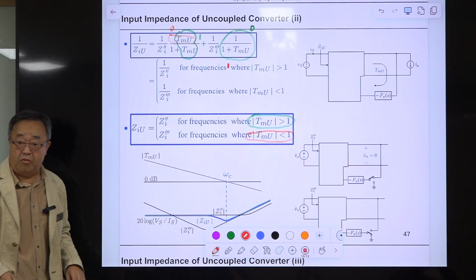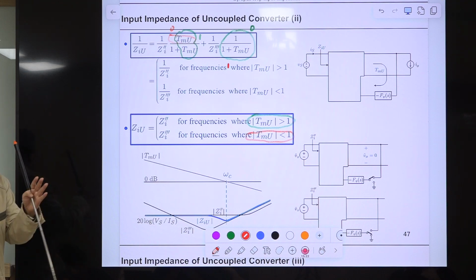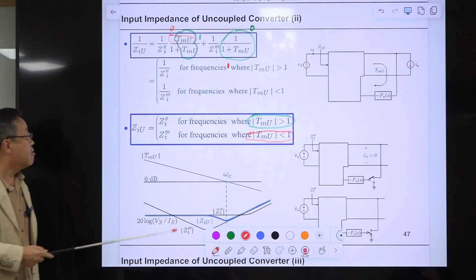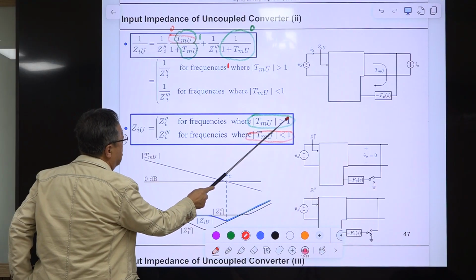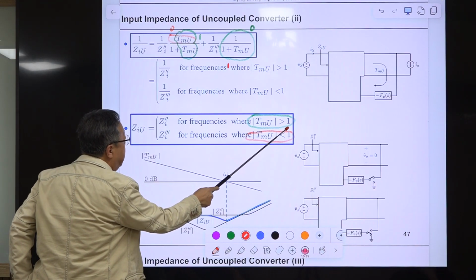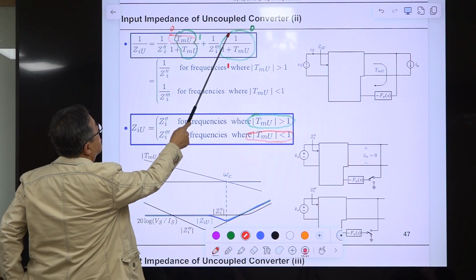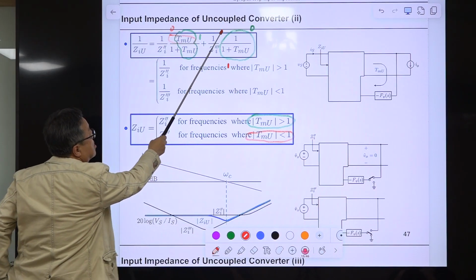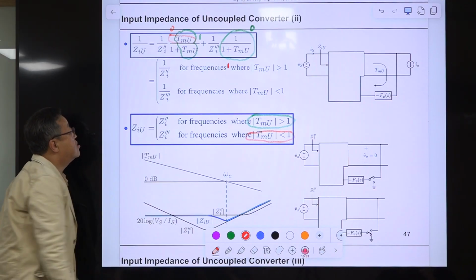The borderline is the loop gain crossover frequency, omega C. Using omega C as the borderline, we have two rather crude approximations. When T_MU is larger than 1, maybe very much larger than 1, we ignore this term. It is very large, then this becomes 0, so this green part is ignored.